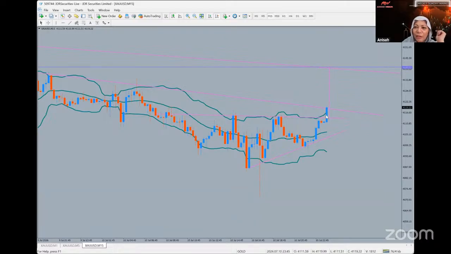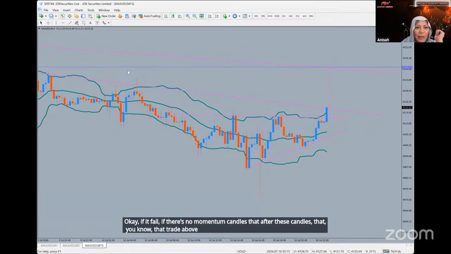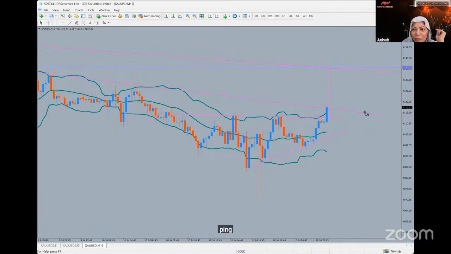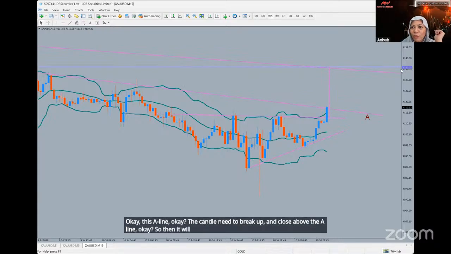If there are no momentum candles trading above this pink line, let me mark that as A. This A line, the candle needs to break out and close above the A line. Then it will continue towards 4140.52.